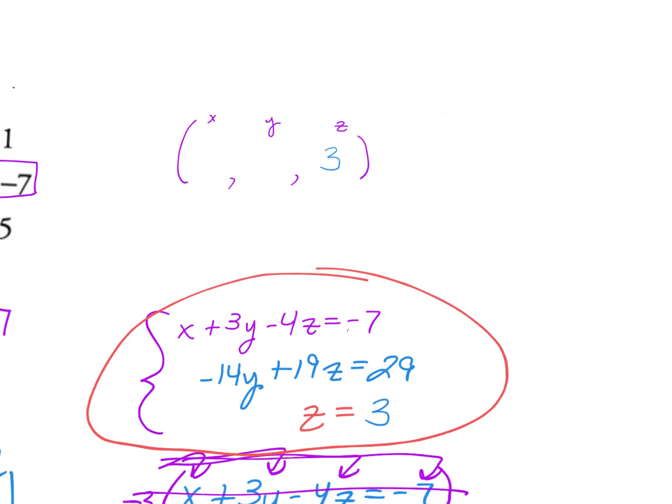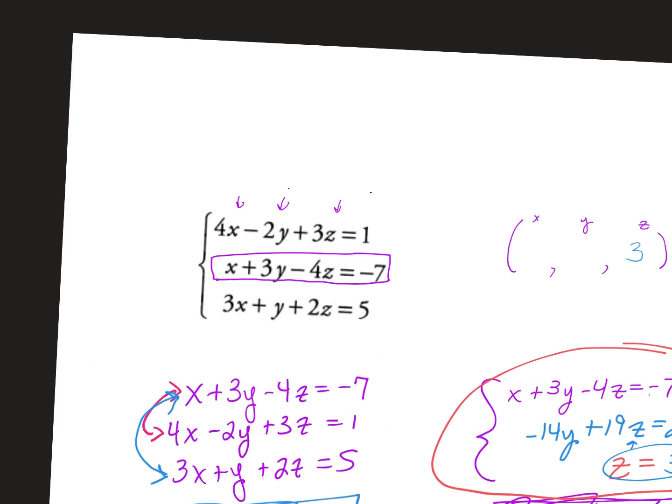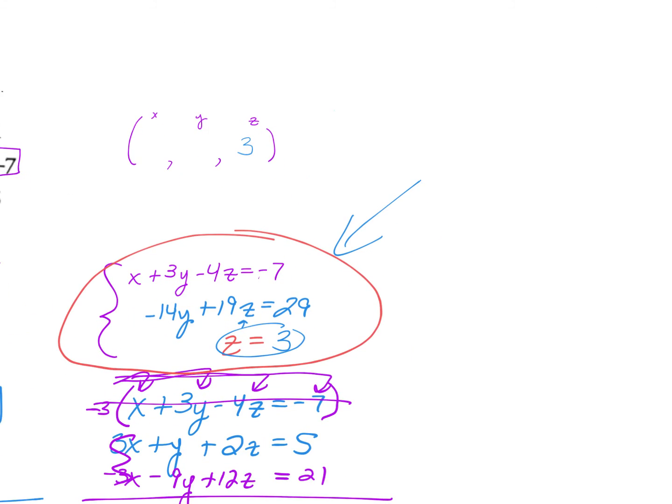So tomorrow on your test, some of your questions are going to start out just like this, where it says use back substitution, where you just take the z and now you plug it in here and then you find y, that sort of thing. But then there's going to be some that start out like this and say find the ordered triple. So in this case, we would just take our z value and plug it in here. I have negative 14y plus 19 times 3, that was z, equals 29.